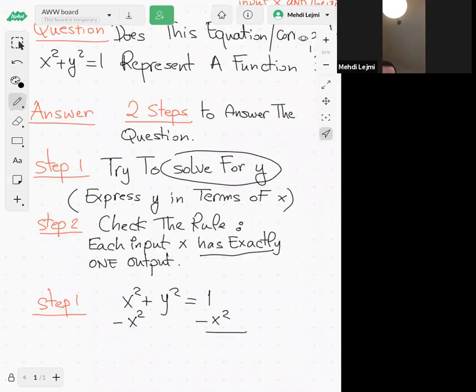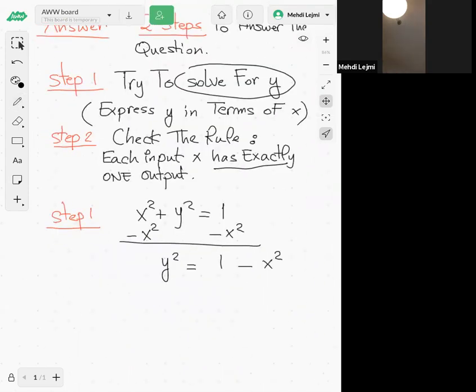Then that will be y squared equal to 1 minus x squared. But we are not done yet, because this is not exactly y, this is y squared. So I need to get rid of the square. How do we get rid of the square, guys?